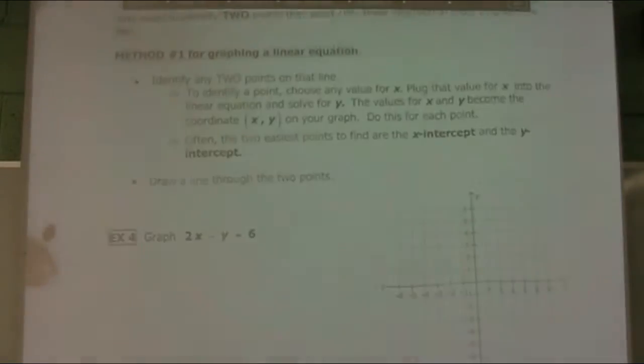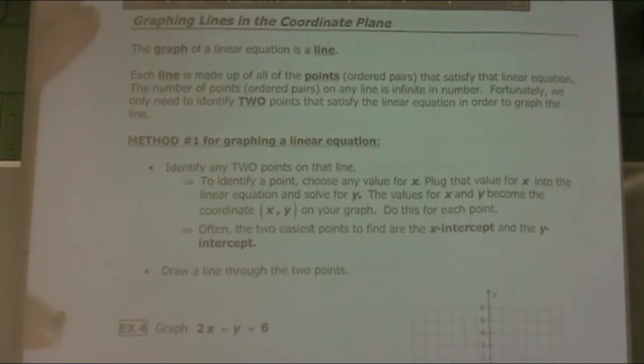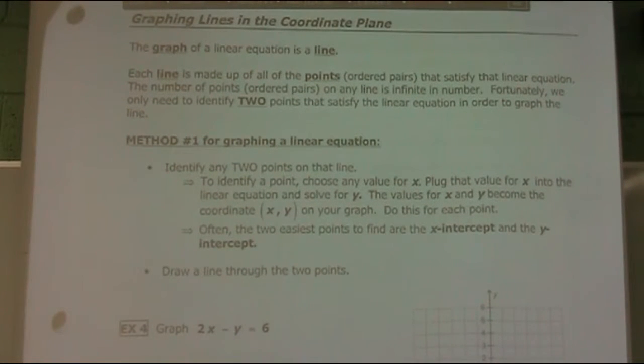All right, that's going to help to set us up for our next task, which is graphing lines. So the graph of a linear equation is a line, a straight line, and each line is made up of all the points or ordered pairs that satisfy the linear equation.